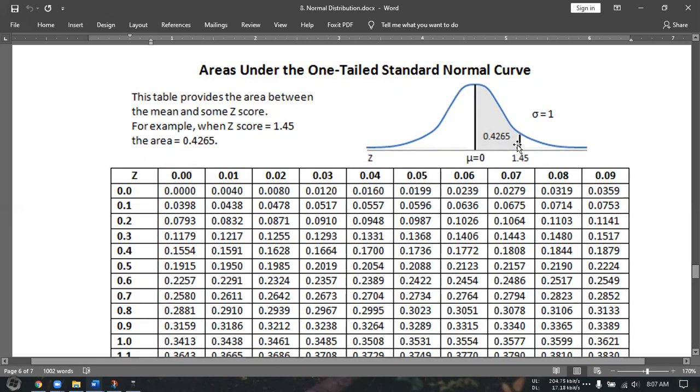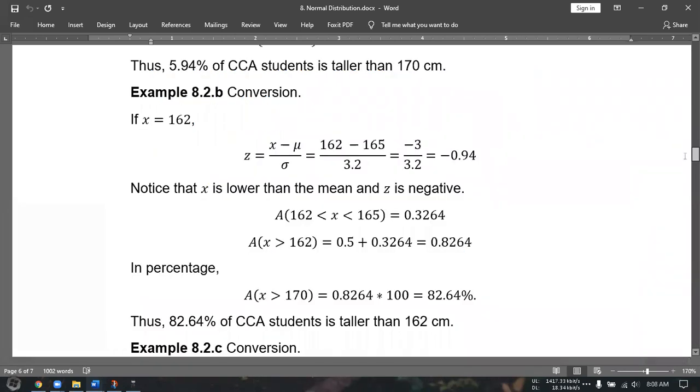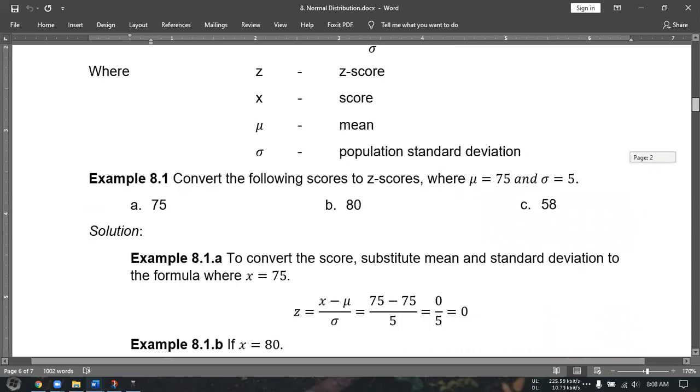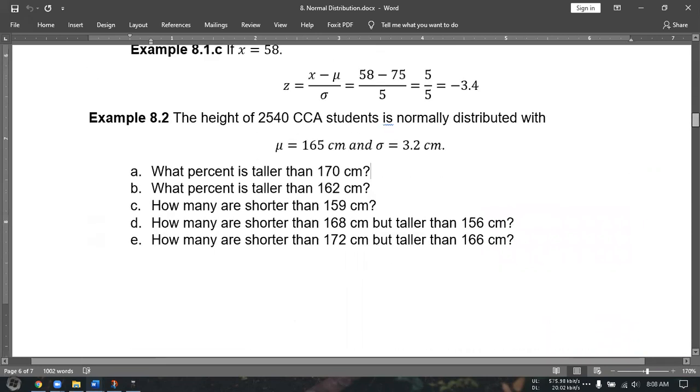That is the third step. And then the fourth, you have to plan how you would solve the area of the unknown region, or your shaded region.